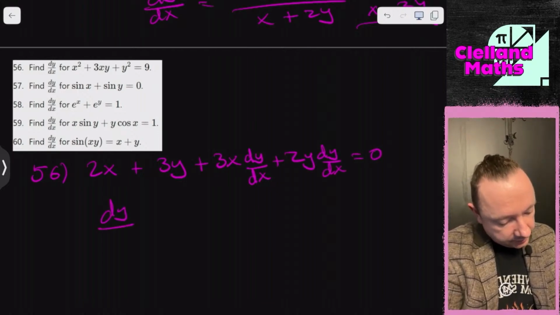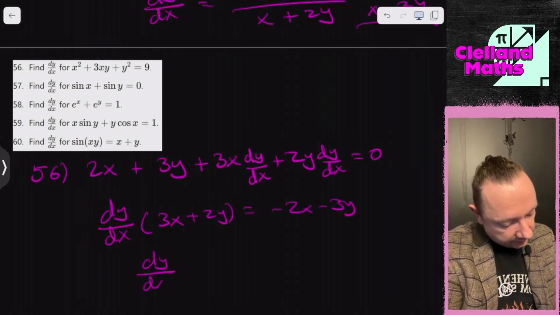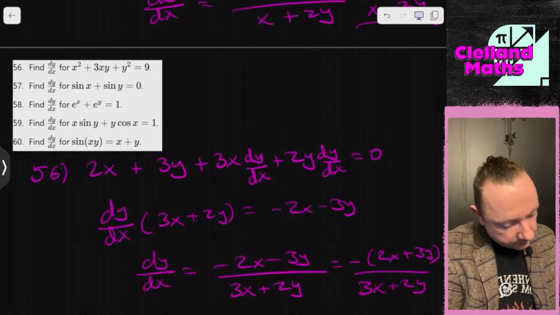Dy by dx, common factor of 3x plus 2y, equals minus 2x minus 3y. So dy by dx is minus 2x minus 3y over 3x plus 2y. Or if you prefer, 2x plus 3y with a minus in front over 3x plus 2y.